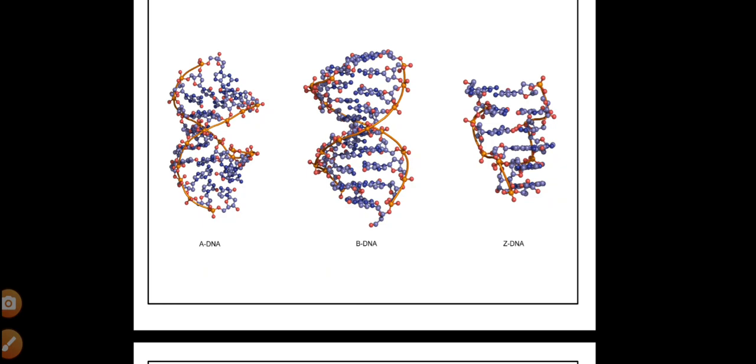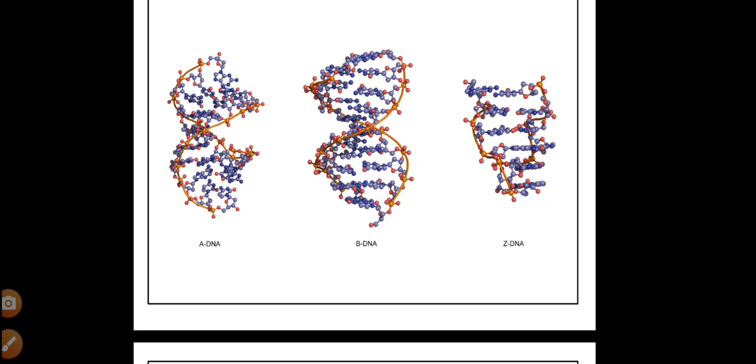Sometimes B DNA can be converted into Z DNA to restrict the gene expression. Till now, B and Z DNA forms are identified in living cells. Okay, and A, B, C, D, E forms of DNAs are converted only in the laboratory. They are B DNA converted into those forms in the laboratory only.